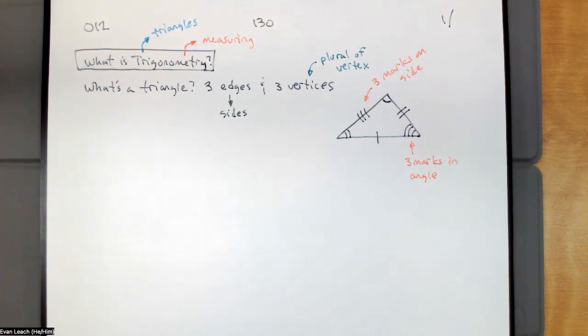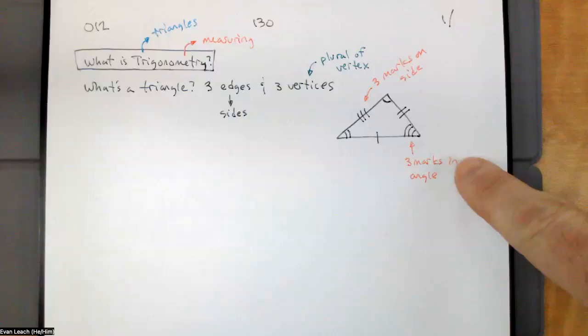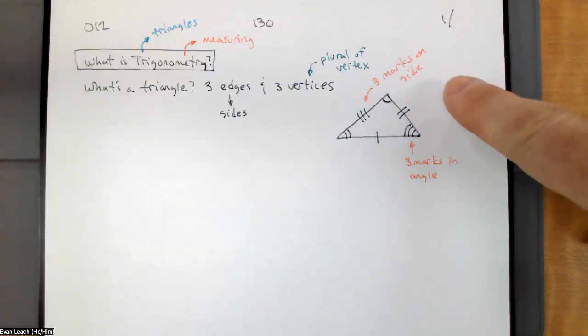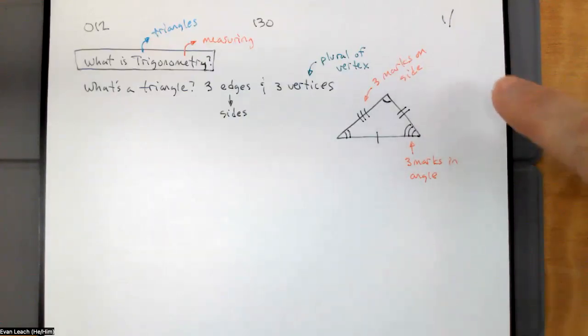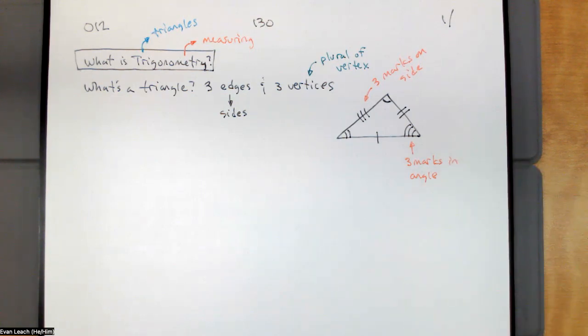Now notice that this angle down here in the lower right corner has 3 marks on it, and that side has 3 marks on it. That side with the 3 marks we would say is opposite the angle with the 3 marks. The side with 3 marks is opposite the angle with 3 marks.